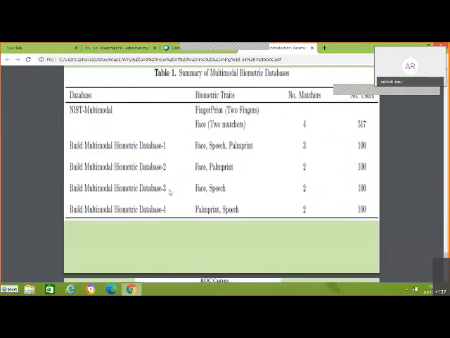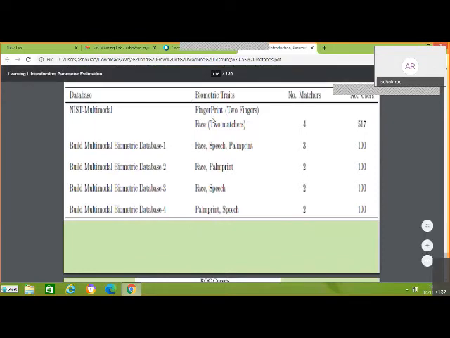So how to check what we have done? Take an international standard database, NIST, which has fingerprint and face. There are 570 users, but there are certain databases which don't have the combination of face, speech, and palm print, which we created ourselves to test basically with 100 users, and trained and tested on this, finally verified on this, a third party evaluation.